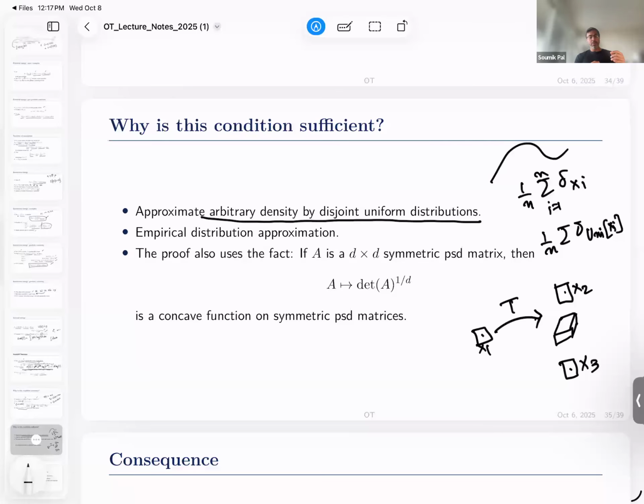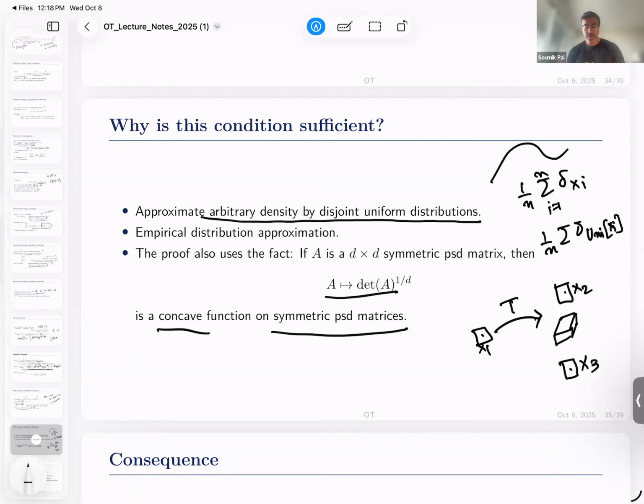A crucial part of the proof uses the following well-known fact: on the convex cone of d by d symmetric positive definite matrices, the function that takes A to the determinant of A raised to the power of 1 over d is a concave function. This is a well-known theorem in optimization and linear algebra. This fact is used to correct for the distortions of the cubes as I send them over by my Brenier map.